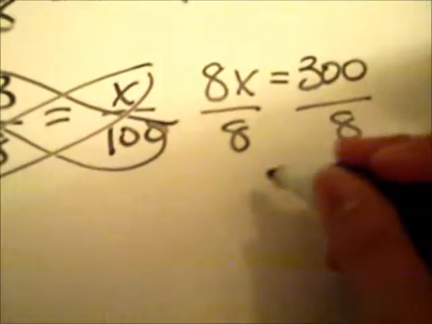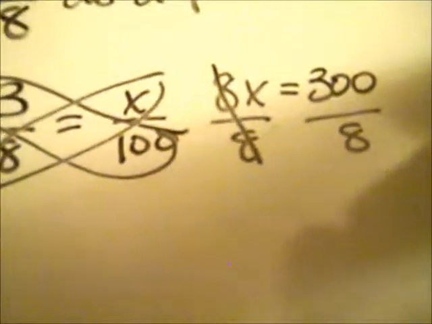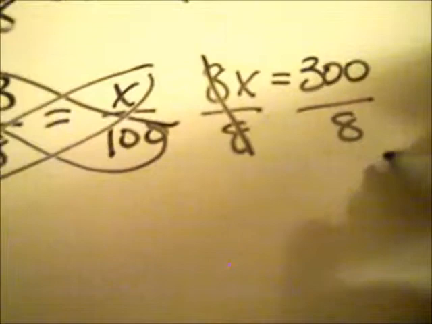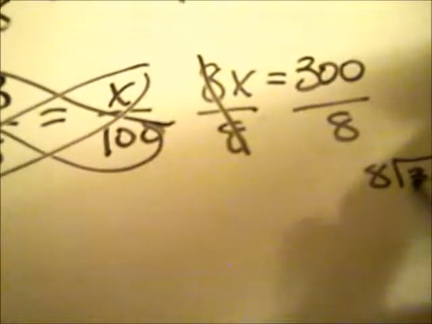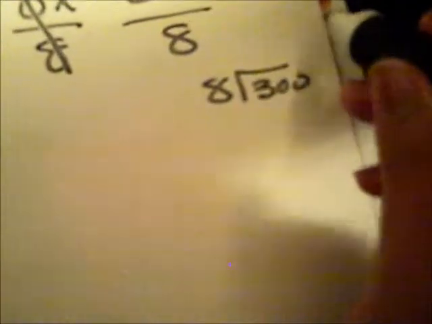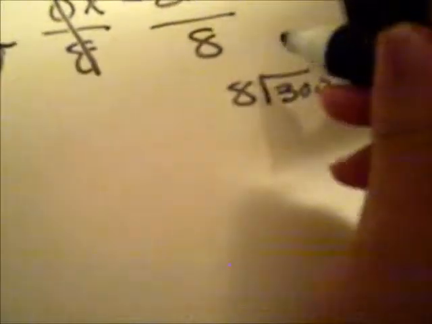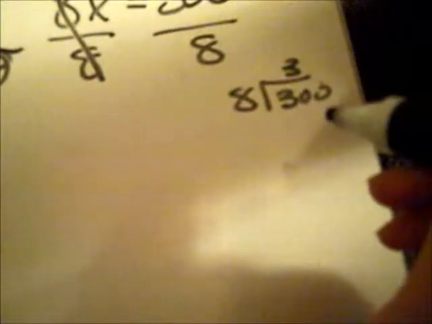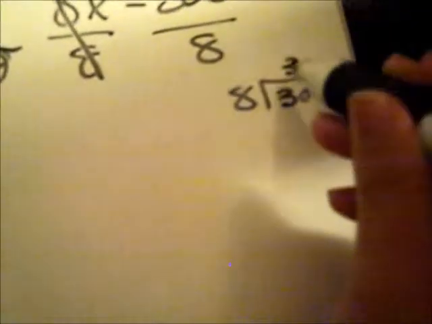So x is equal to 300 divided by 8. So we're going to see how many times 8 can go into 300, off to the side. 8 can go into 30 3 times. 3 times 8 is 24.